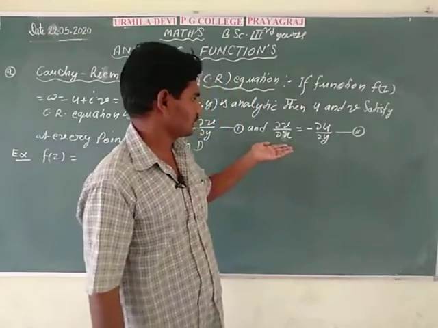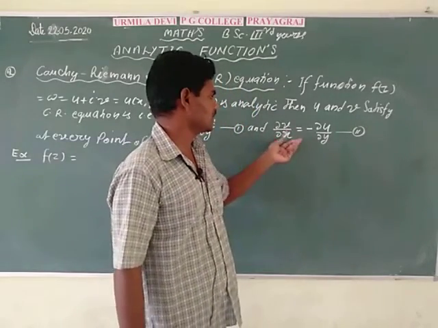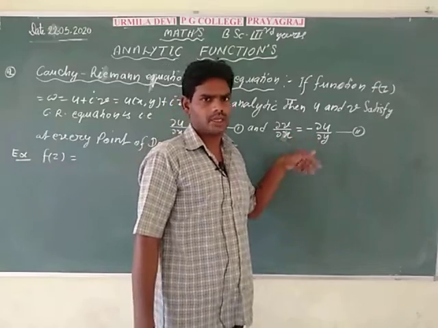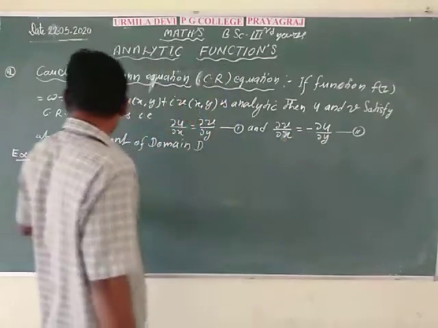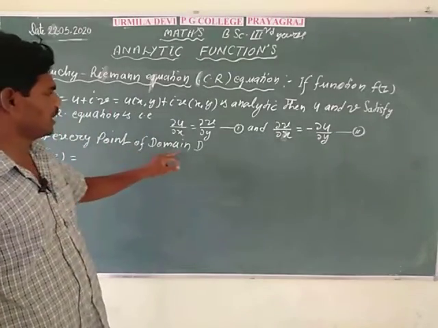So the second CR equation is del v by del x is equal to negative del u by del y at every point of domain D.